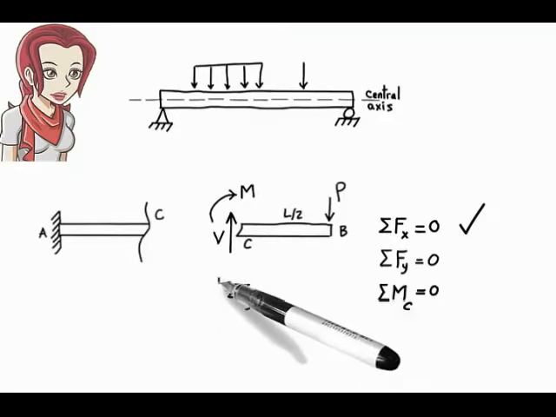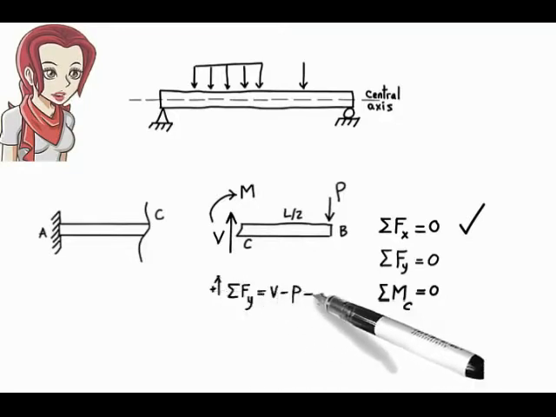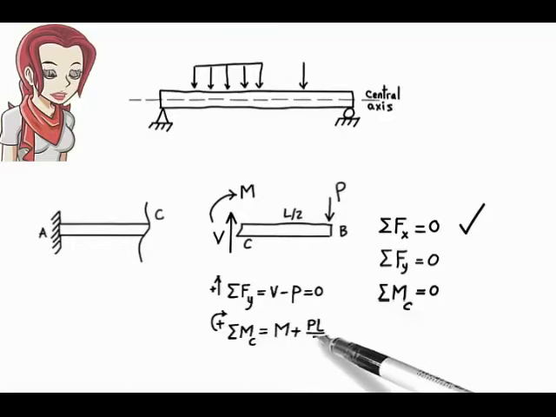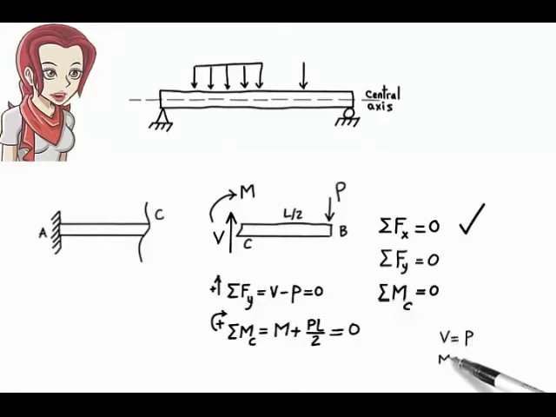Here are the two equilibrium equations in terms of V and m. Solving for the two internal forces, we get V equals P and m equals negative P times L over 2.